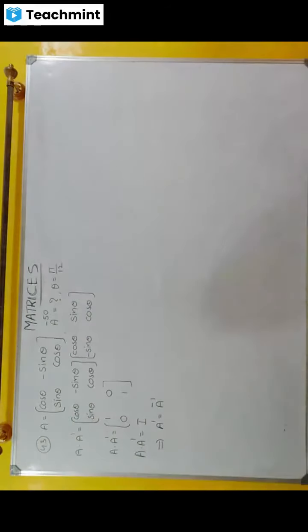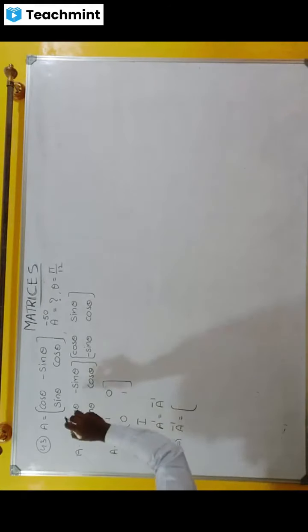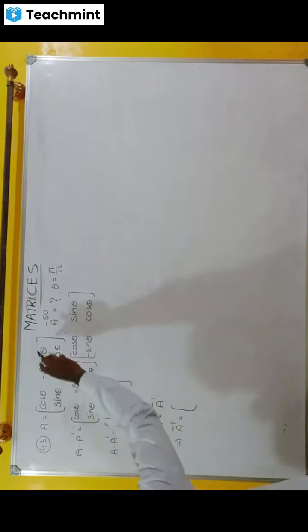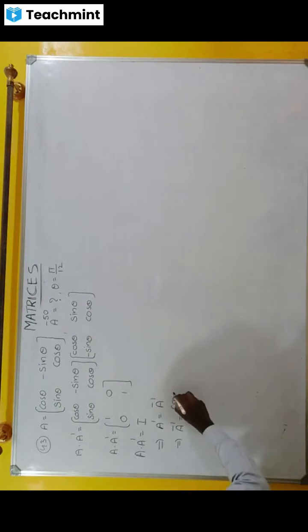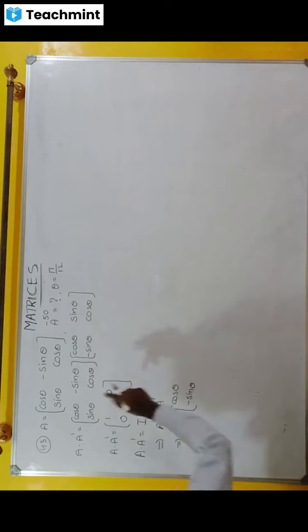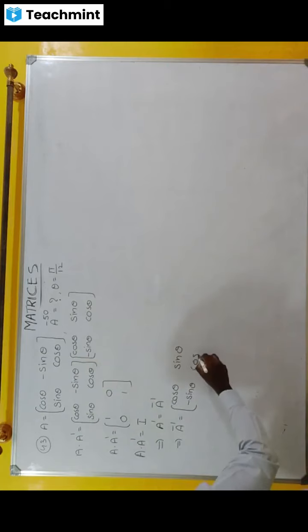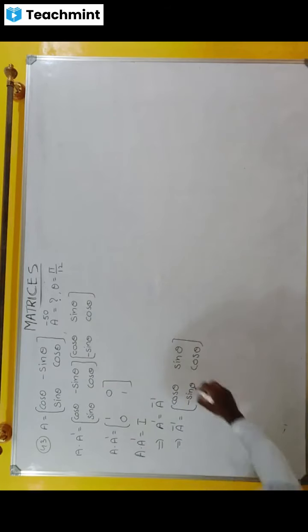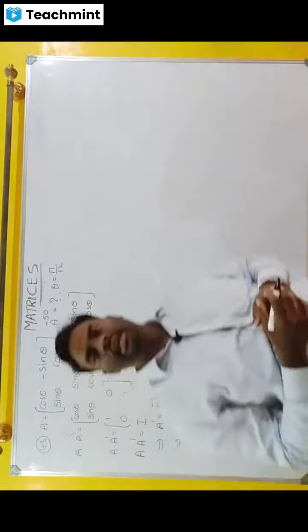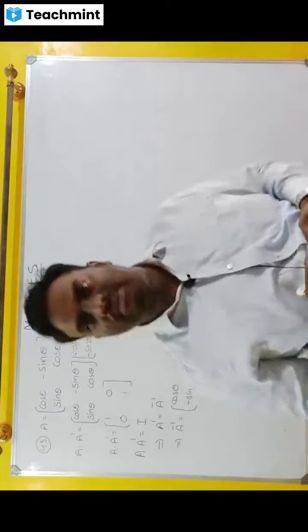That's why we can write A power minus 1 is equal to A dash. This row can be interchanged to the column: cos theta, minus sin theta. And the second row can be interchanged to the column: sin theta, cos theta. We got A power minus 1.